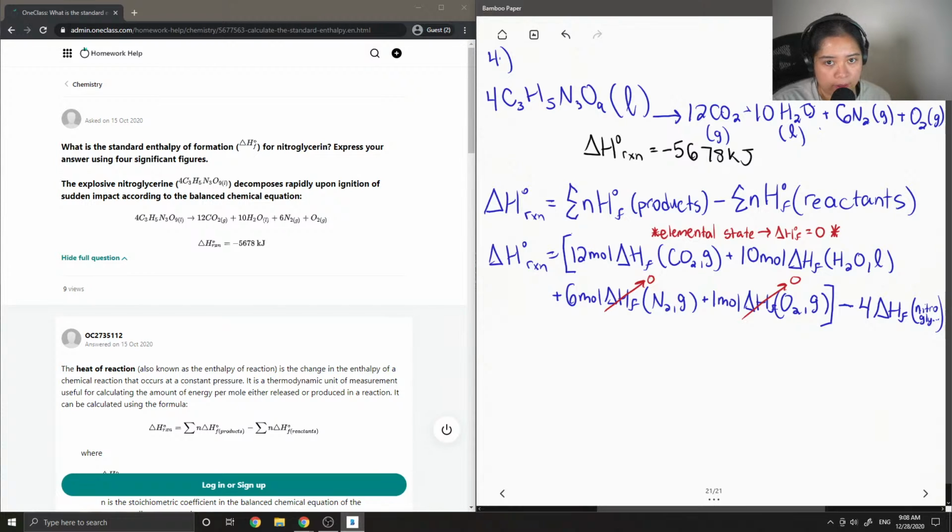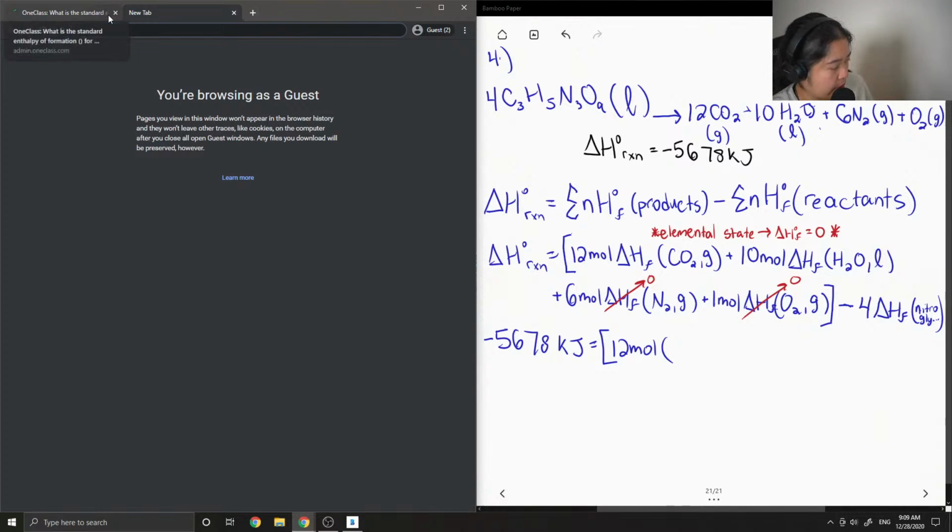Okay, so for our next line, I'm just going to sub in all of the values that we know. We know that delta H of reaction is equal to negative 5,678 kilojoules. And we're going to multiply 12 moles by the delta H of formation of CO2.